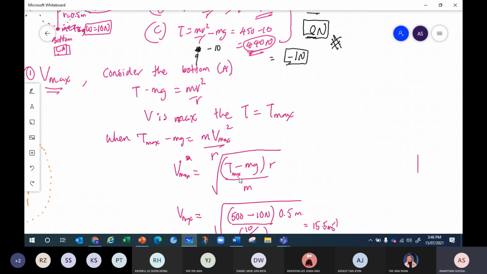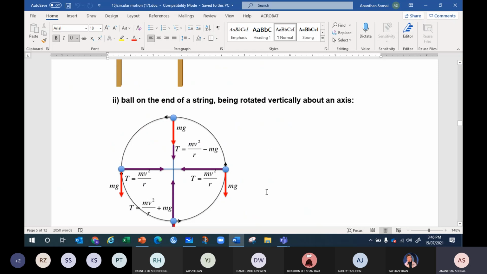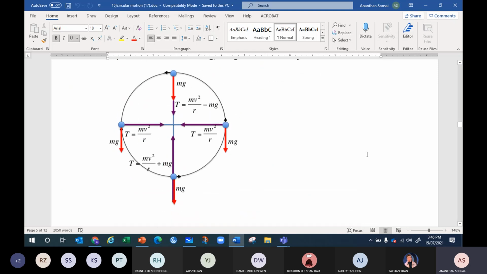Up to here, you need to write in the notes. The space is given, so expect you to write the three equations A, B, C.